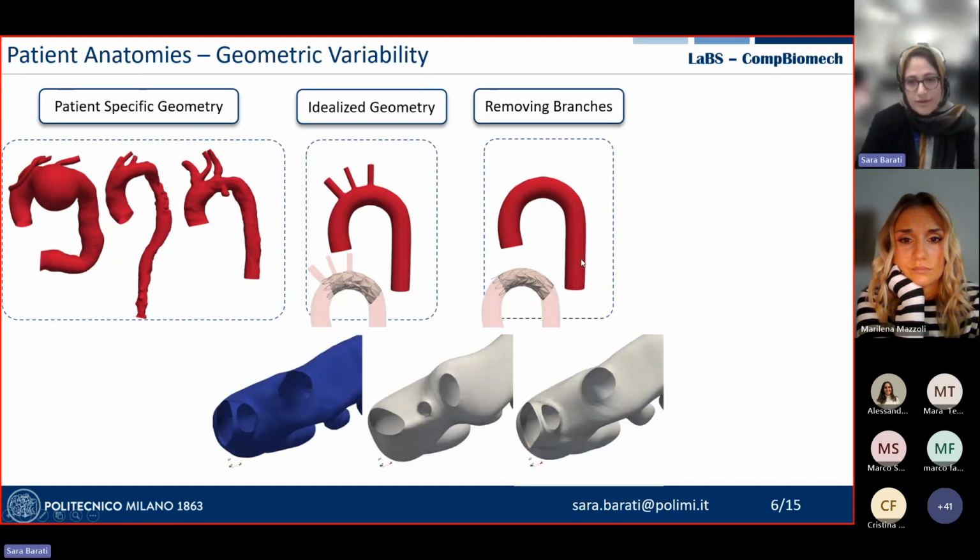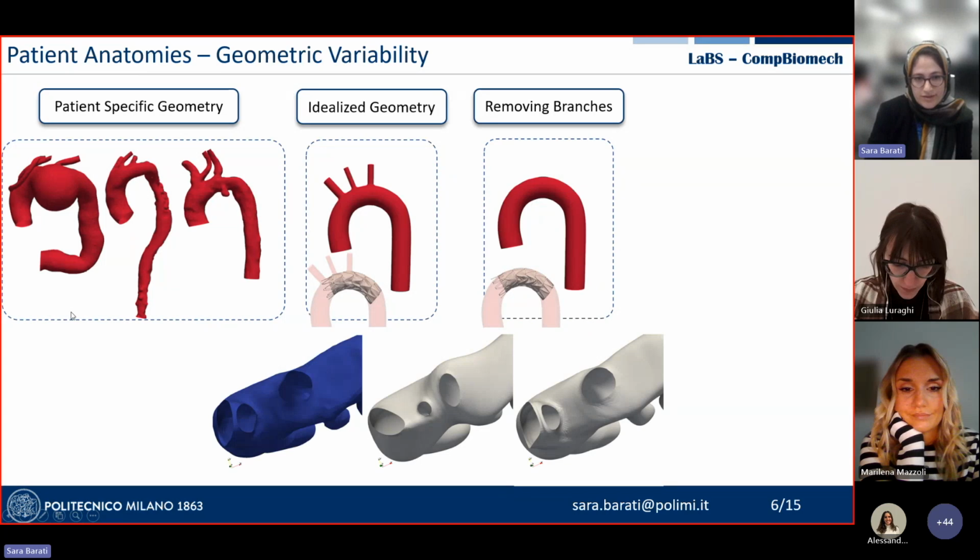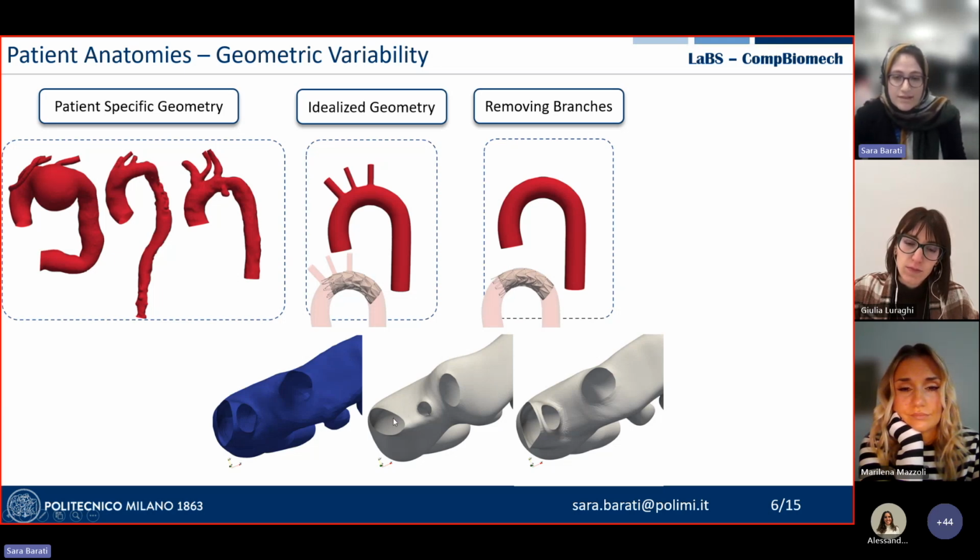But when we went through the Deformetrica registration process, this is the patient, the first one, the blue one, is the patient geometry, and the white ones are the results from Deformetrica. This is the one where we did a sensitivity analysis to find the best match for the hyperparameters of the model, which are lambda V and lambda W, the resolution and intensity of the deformation, as Alessandra explained.